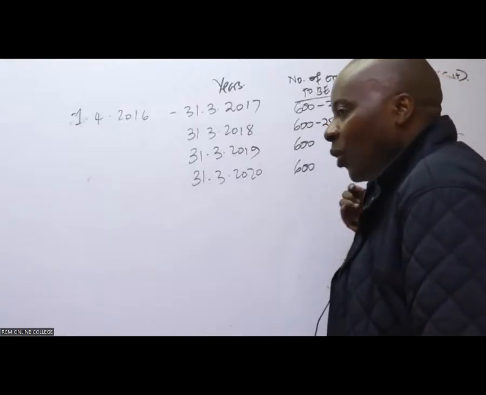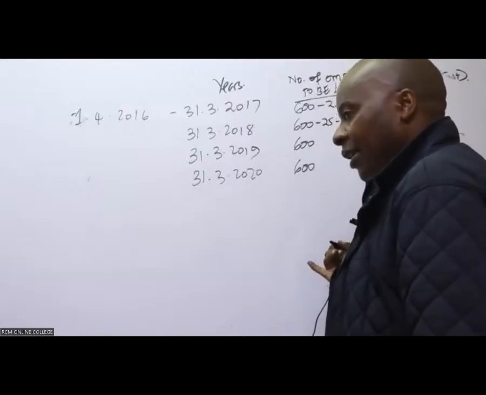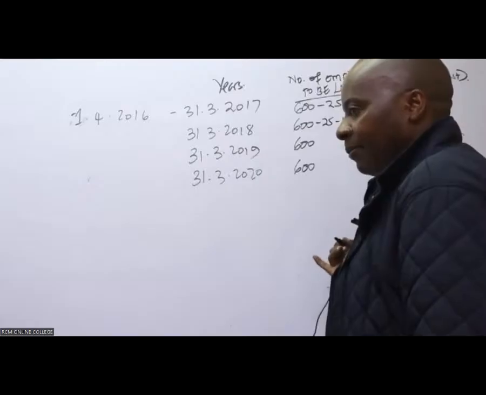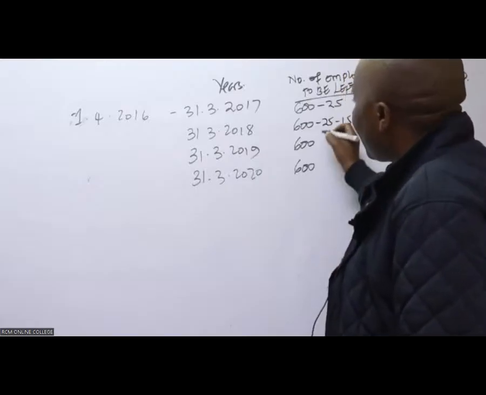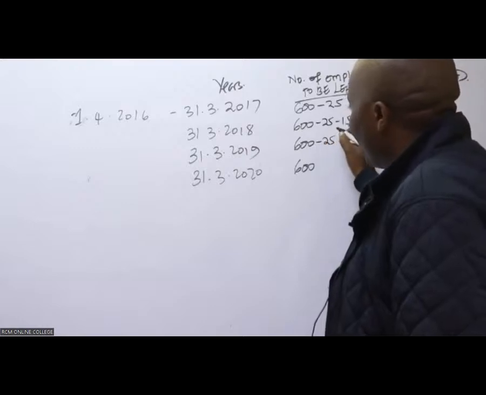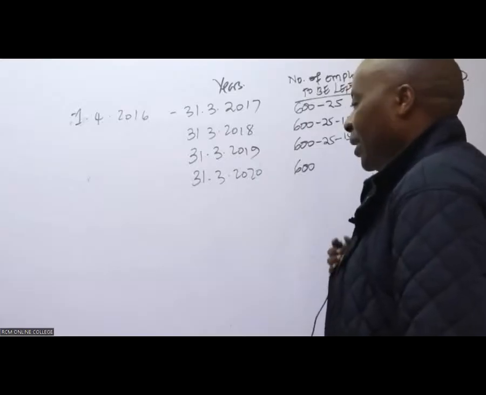I want to account for the number of employees I will be left with in the company. So go to year 3: I must remember the guys who left in year 1, and those who left in year 2, minus those who will leave in year 3.